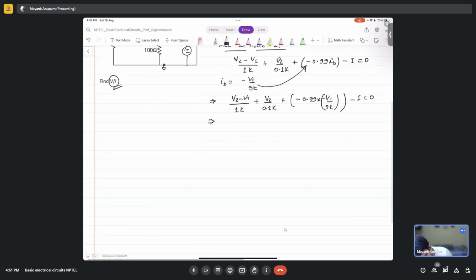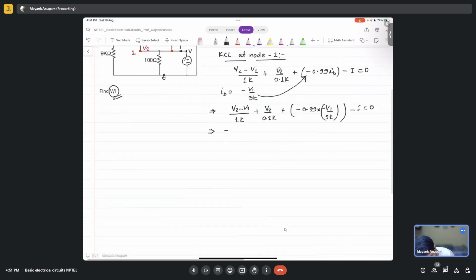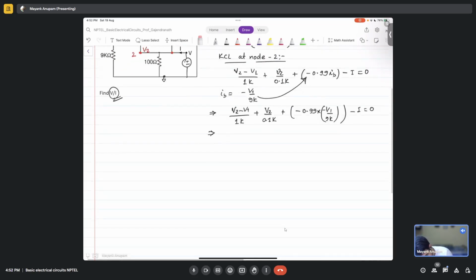So what will it be? V2 minus V1 by 1k, and let's collect all the terms of the same coefficient. So V1 multiplied by minus 1 over 1k, plus 0.99 divided by 9k, that's all, right?